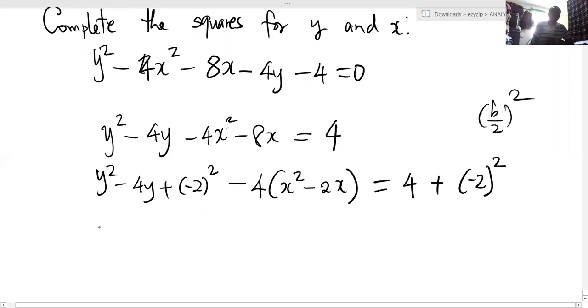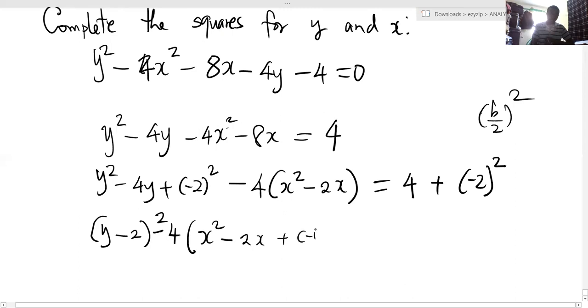Now for x, this will give me y minus 2 squared plus minus 4 x squared, then minus 2 divided by 2, we get negative 1, equals 4 plus this will now be 4.